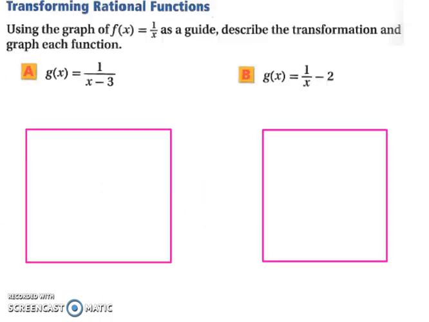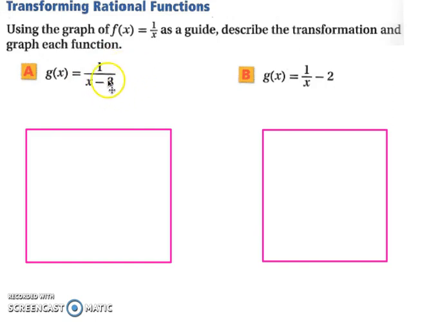Let's practice. We're going to use the graph of f of x equals 1 over x as a guide, and then we're going to describe the transformation and graph each function. So for a, we have g of x equals 1 divided by x minus 3. We don't have any k.